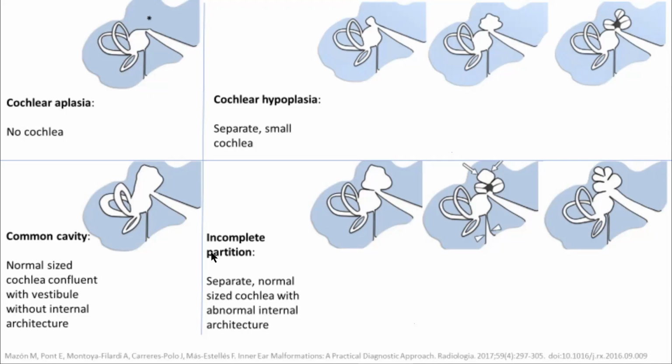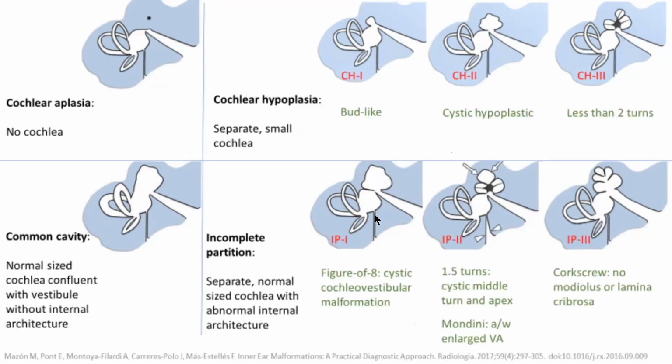The incomplete partition types are where the cochlea external contour is normal in size and formed, but the insides, the interscalar septa or the modiolus or something like that, is not formed completely. So there are different types of incomplete partition. Let me go through the main types that you should know about.